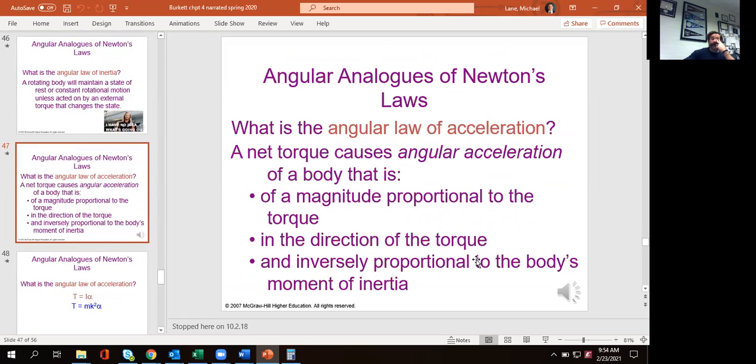Angular acceleration is always proportional to the magnitude of the torque that's being produced, the direction that torque is being produced, and inversely proportional to the body's moment of inertia. Meaning, if an object has a huge amount of inertia, it's going to barely accelerate. If it has a small amount, it's going to go much higher.